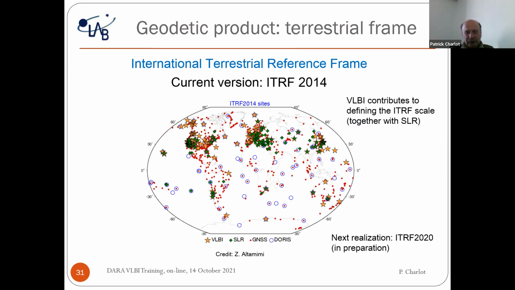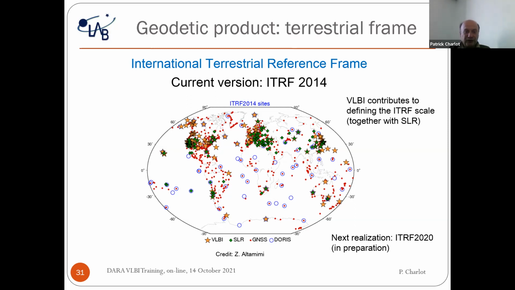Geodetic VLBI product. So I already mentioned this a little bit. As I said, you basically have three products. So I will start from the Earth and then move to the sky. So the first product is the terrestrial frame. And usually there are standards so that everyone uses the same frame.